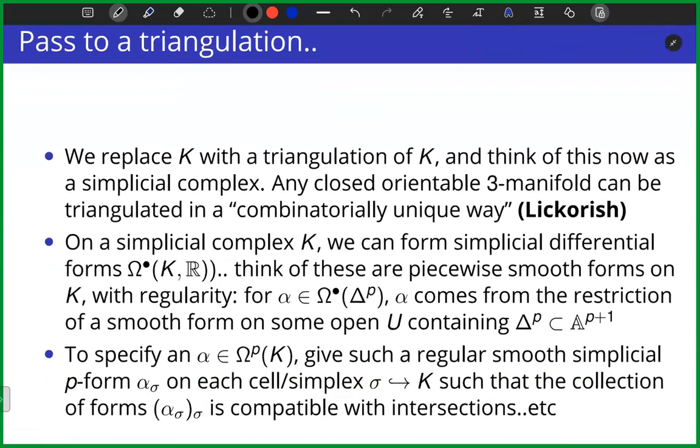Then to specify a P form on K, we need to give a P form on each simplex sigma in K, such that this collection of forms is compatible with intersecting on the faces and so on.